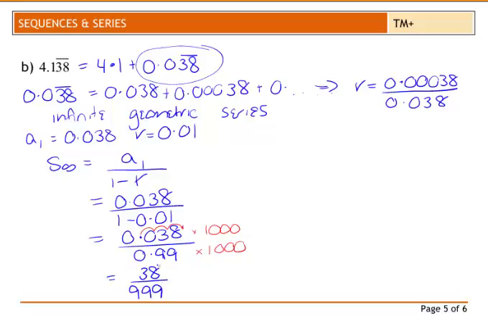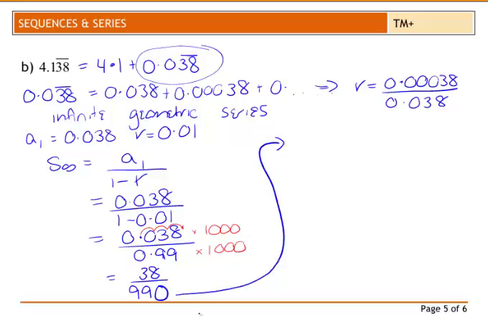Now what you should do from there is check whether that can be reduced. On your calculator you can do that, and you'll find out it can't be simplified. So I'm not going to worry about reducing it now.